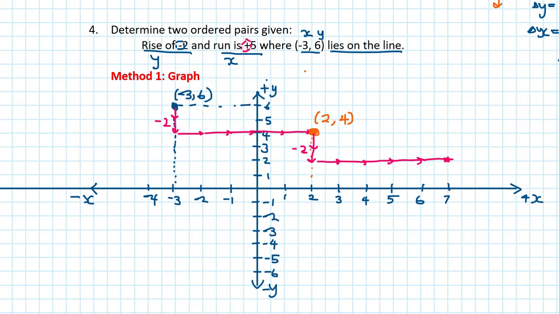We stop right here, and with that positive 5 change in x, we locate our new point, which is 7 for our x, and our y is 2. So we've located our 2 other points relative to our original point, which is (-3, 6).